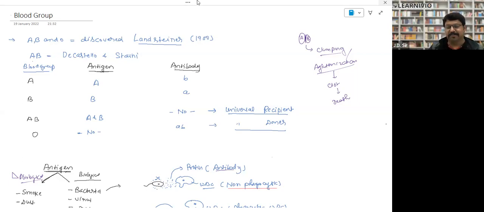So can you tell me the probability of the blood group in my brothers? What should be the options for my blood group? Means, can you guess what should be my blood group?